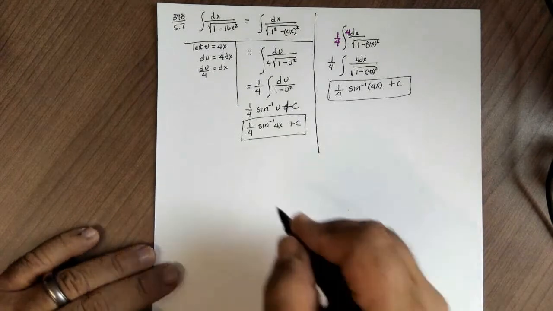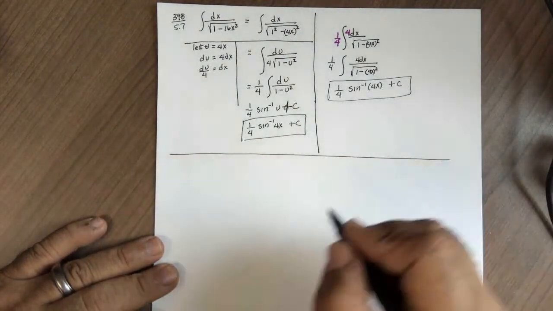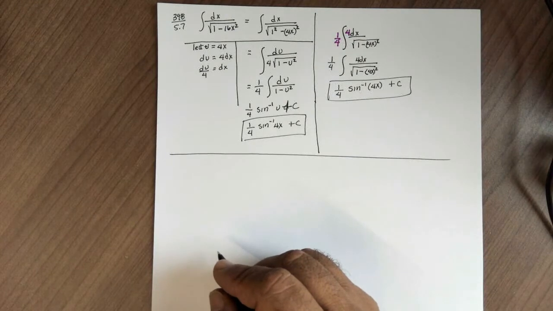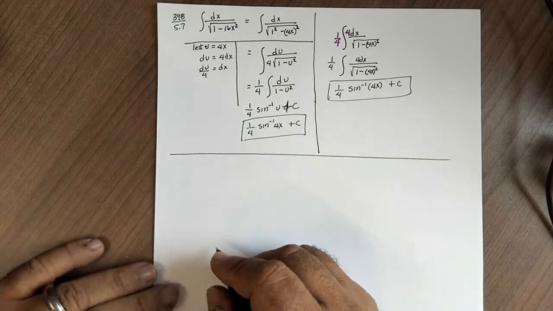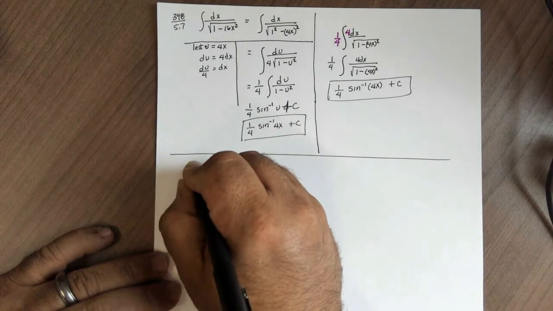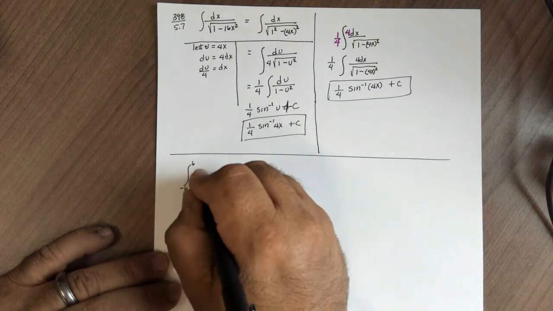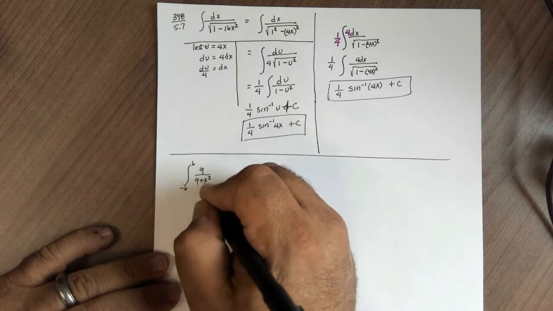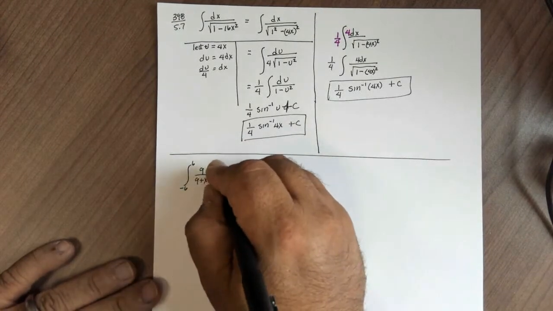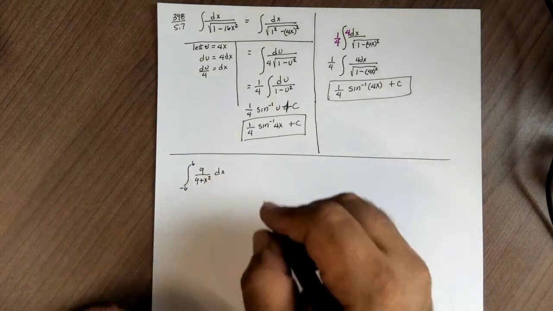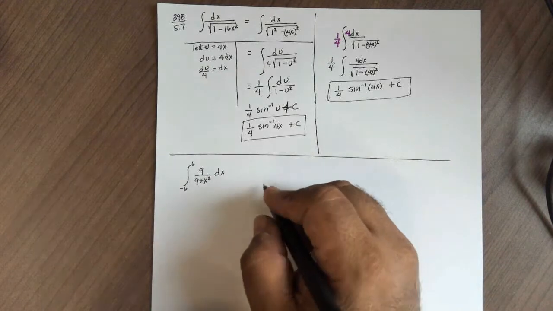The second example that I'm going to do is, let's see, what number is this one? I don't know, but it looks like this: from minus 6 to 6 of 9 over 9 plus x squared dx. I'm going to again rewrite it so that it looks like a difference or sum of squares on the bottom.